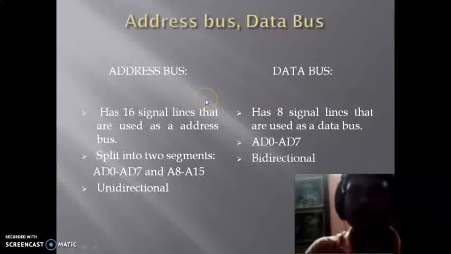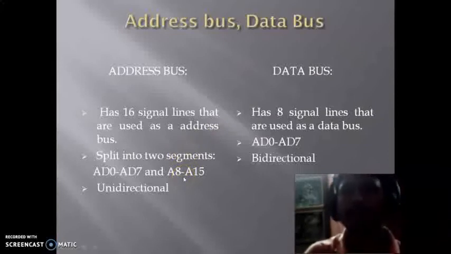First is the address bus. The 8085 microprocessor has 16 address lines, and this 16-bit address bus is divided into 2 parts. One is the higher order address, that is A8 to A15, and the other is the lower order multiplexed address data bus, that is AD0 to AD7.